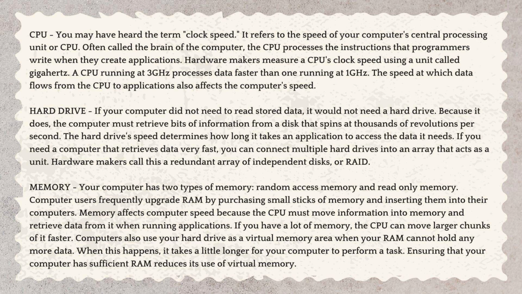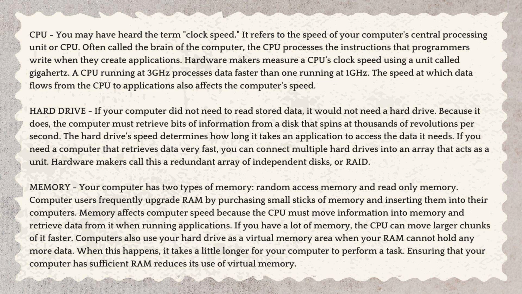Memory. Your computer has two types of memory: random access memory and read-only memory. Computer users frequently upgrade RAM by purchasing small sticks of memory and inserting them into their computers. Memory affects computer speed because the CPU must move information into memory and retrieve data from it when running applications.